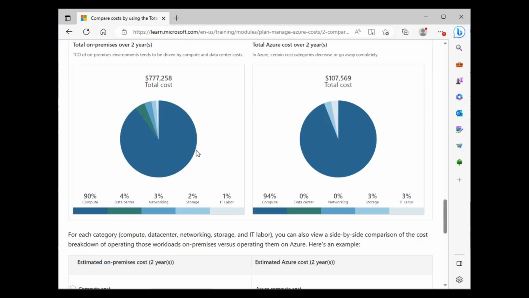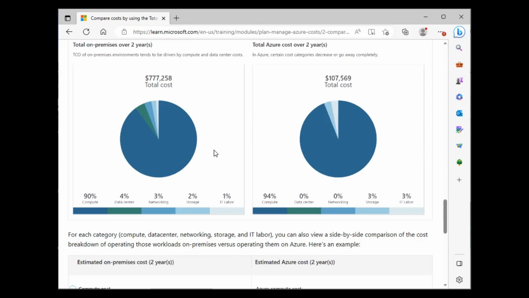Total cost 107,000. Compute 94%, data center 0%, networking 0%, storage 30%, and IT labor 3%.